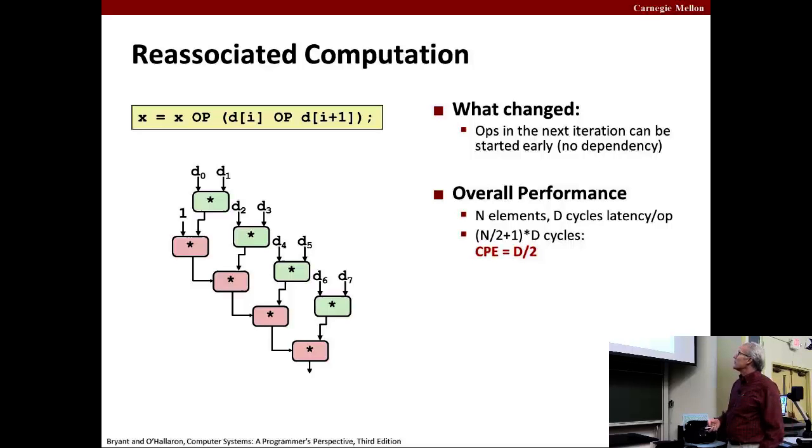Now there's some good news and bad news here. The good news is if this is integer arithmetic, we already know that 2's complement arithmetic is associative and commutative, so it really doesn't matter for both multiplication and addition what order I combine these elements in. I'm going to get the exact same answer no matter what. But you also saw that for floating point that's not the case.